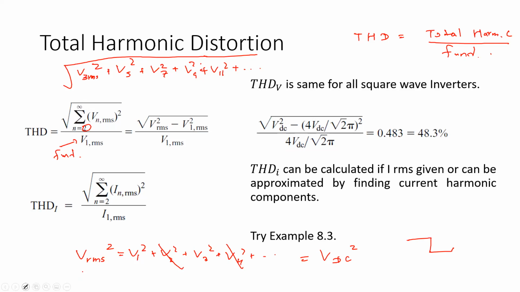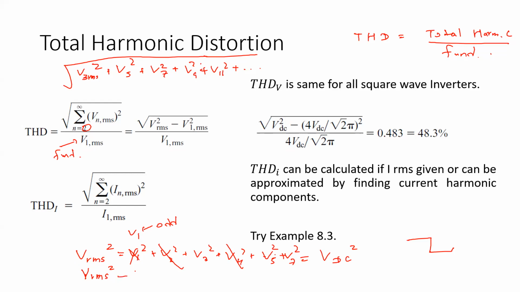The only thing we do not have here are the even components, because only odd components are there: V5, V7 and so on. So we have VRMS square, and since V1 is odd, we have to include V1 in the VRMS of a square wave.